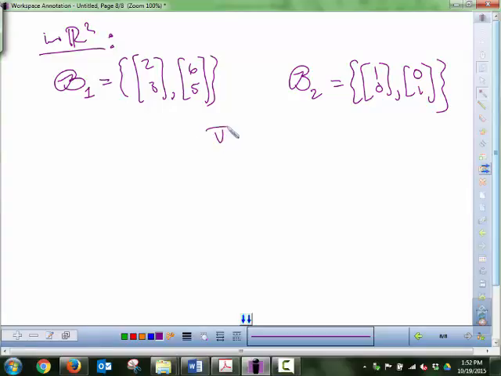Now let's pick some random vector in R2. Just give me a point in R2. (9, 3).